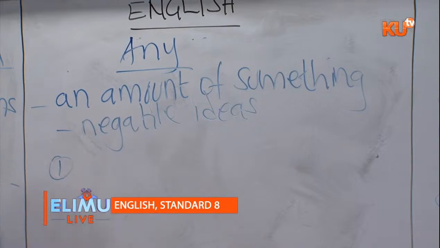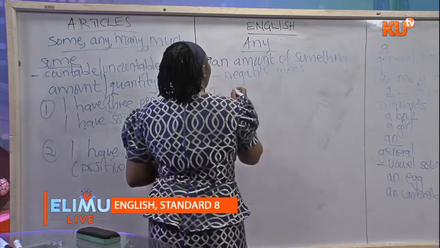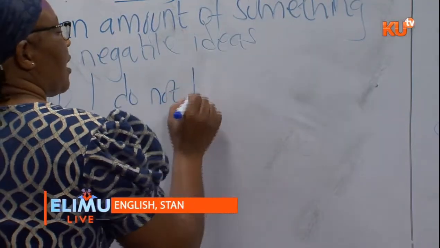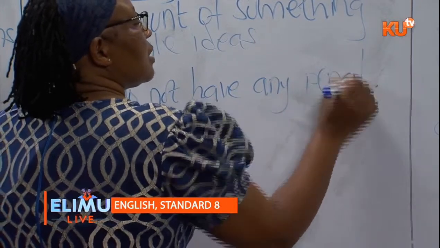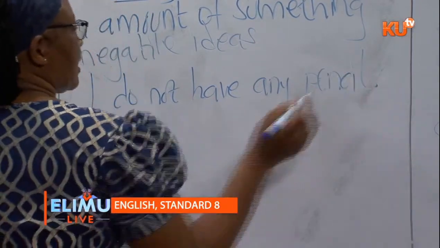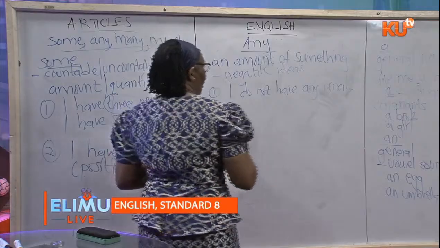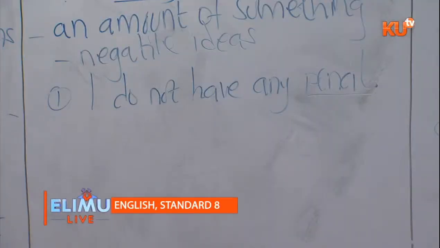An example: here we said I have some pencils, and we have replaced the word 3 with some. If you don't have pencils, you would say I do not have any pencil. So you find that it can be used with singular nouns, because here it is about a pencil, or you can say I do not have any pencils.